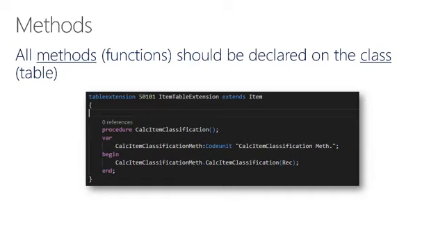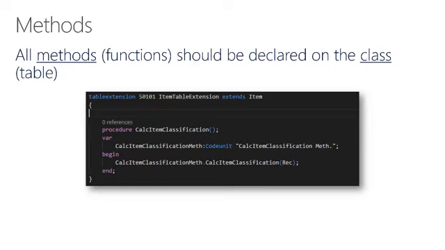The screenshot is an example where we have a table extension that extends the item table, and we add a procedure, and that's not declared as local, so it's accessible from other objects. So we can call item.CalcItemClassification, and when we invoke that method, that really calls the codeunit, and as you can see, it passes the item record into that method codeunit.